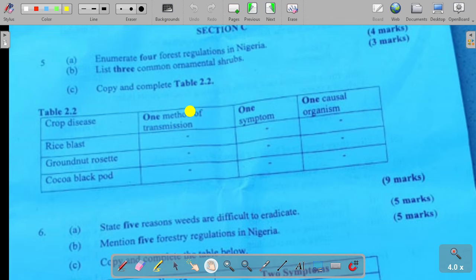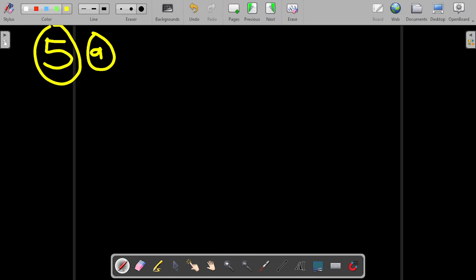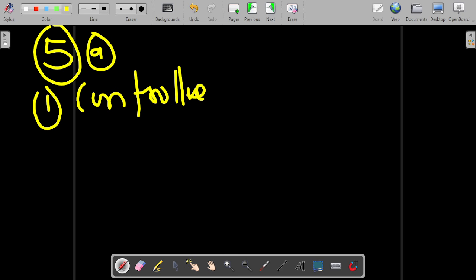Question 5A says enumerate 5 forest regulations in Nigeria. You cannot just go into the forest and start cutting down trees or hunting unnecessarily without permission. Number 1, control felling of trees.